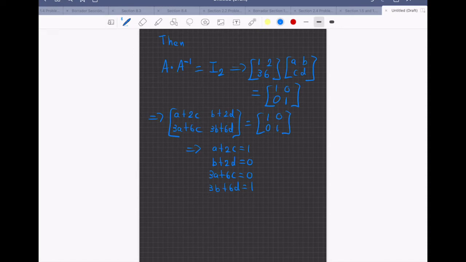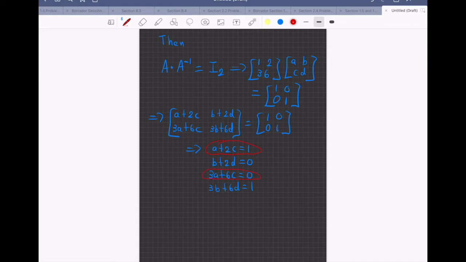But notice, in this system of equations, it won't have any solution, because we need a plus 2c equal to 1, but 3a plus 6c equal to 0.